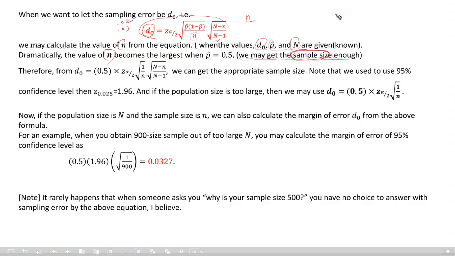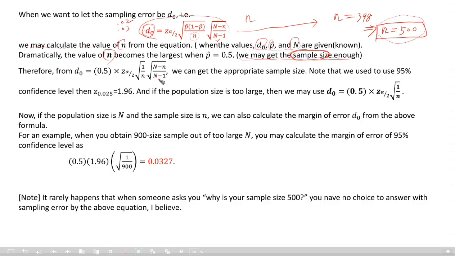So if you find n equal to 398 from this equation, we take the sample size n as 500. I like that because some observed sample values may be destroyed or biased, and we have to get rid of those sample values. So we may have an enough sample size, 500.